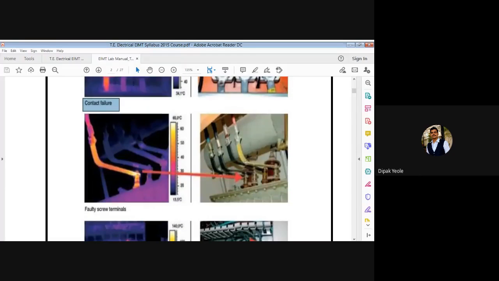Here is the first image. In the next image, we can see the screw available for this connector. Because of the faulty screw terminal, there is a possibility of heat developing inside this. The other terminals are carrying a normal amount of current. This second image gives you the idea of how thermography analysis is advantageous.